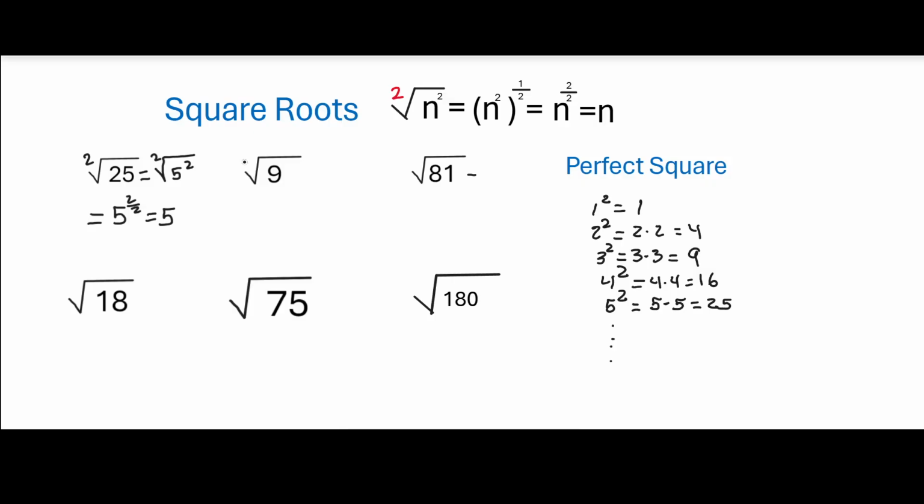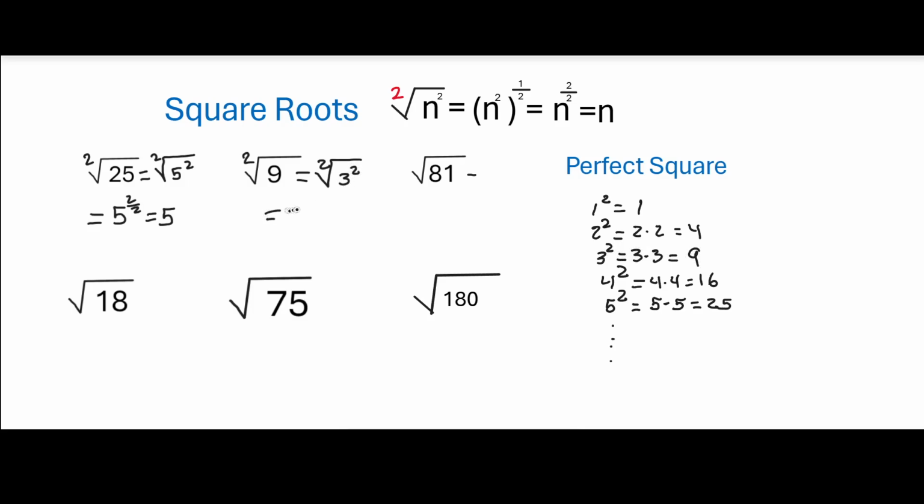The next one, we're going to say a square root of 9. If I want to use this formula, then I have to rewrite the number 9 as a number to the second power. So that means that the number 9, I can rewrite it as 3 squared. So I'm going to write 3 squared.